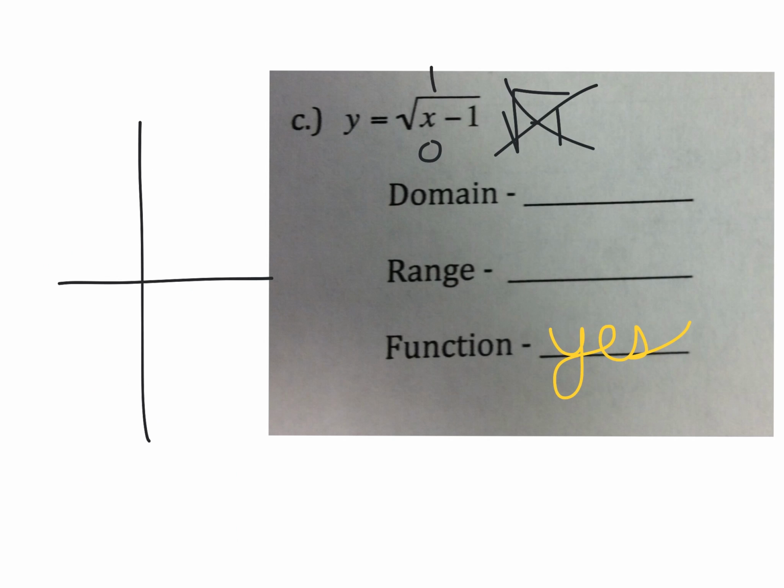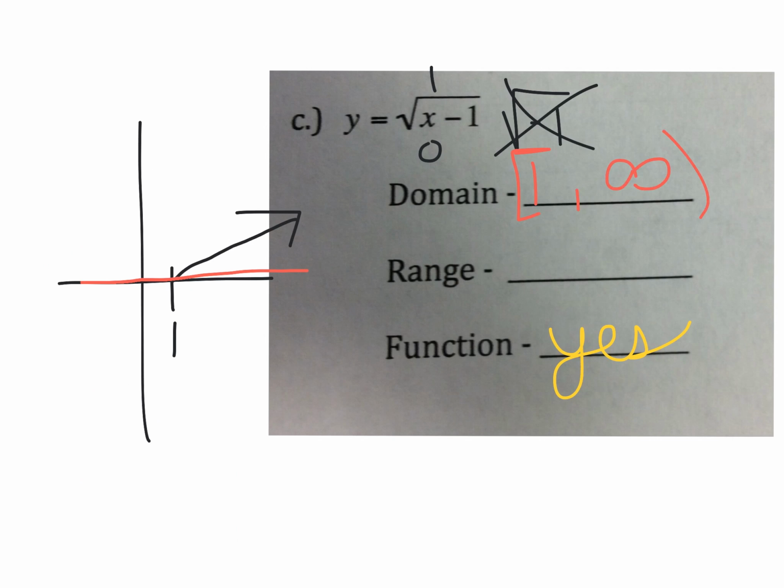So if I put 1 in there, 1 minus 1 is 0. So we know that at 1, the graph starts. And then it's this curve, and it'll continue to go up. Maybe not as steep as I just drew it, but it'll go up. So let's talk about domain. Crossing the x-axis, the first point it hits is 1, and it'll go on forever.